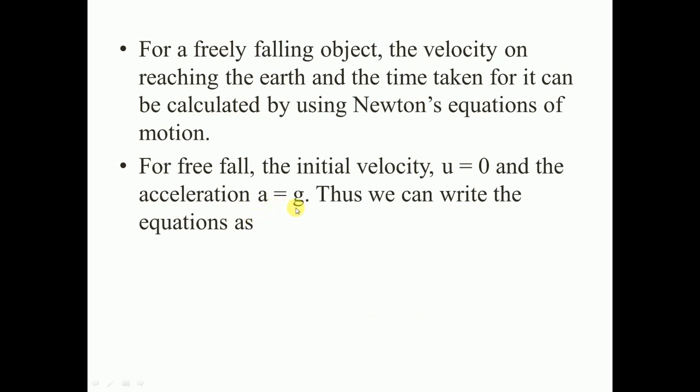So we substitute u as 0 and a as g, and we get these equations: v = gt, s = half gt squared, and v squared = 2gs. These are Newton's equations of motion in the case of a freely falling object.